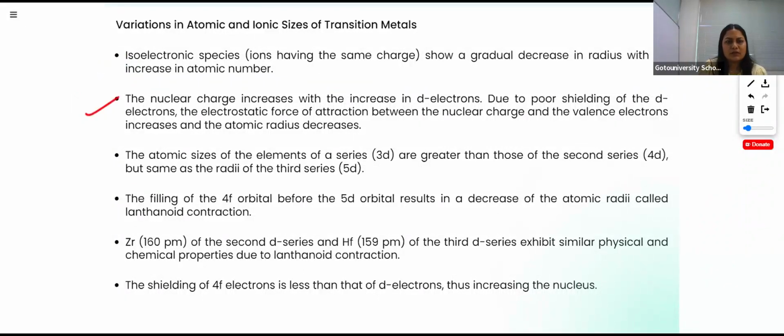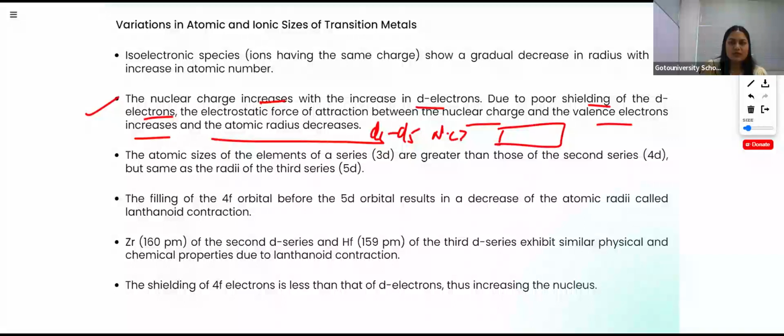As I have discussed, the nuclear charge will increase in d electrons, but due to poor shielding in these d electrons, the electrostatic force between the nuclear charge and the valence electron increases, and hence the atomic radius decreases. That means from d1 to d5, the nuclear charge will increase because electrons are not paired.